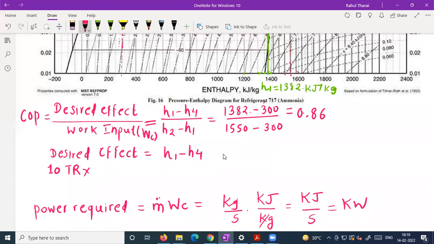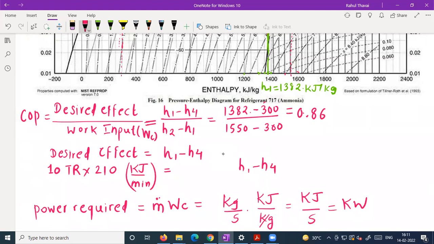When we multiply 10 TR by 210, we will get the answer in kilojoule per minute, right? So 10 TR multiplied by 210, in kilojoule per minute, is equal to H1 minus H4.